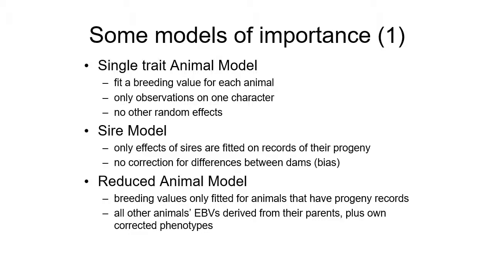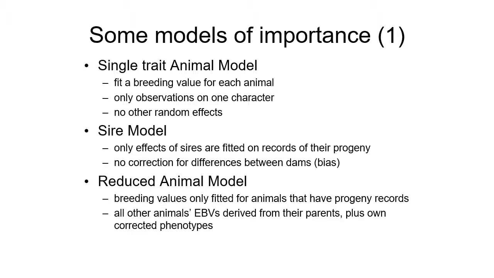So if you had preferential matings, some sires being used on better dams, for example, that type of bias was in some sense nullified in the process.